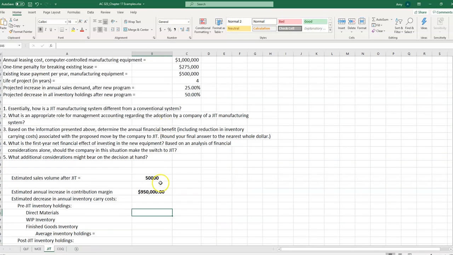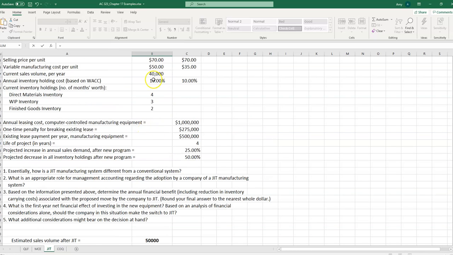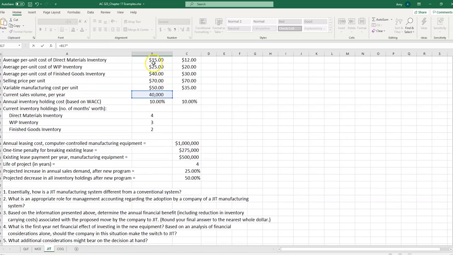So to determine our carrying costs prior to just-in-time, we would take those 40,000 units in sales times the carrying costs. We're doing direct materials first, times 4 divided by 12 months.